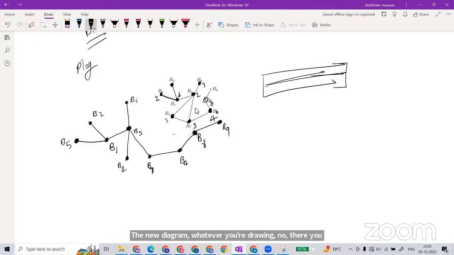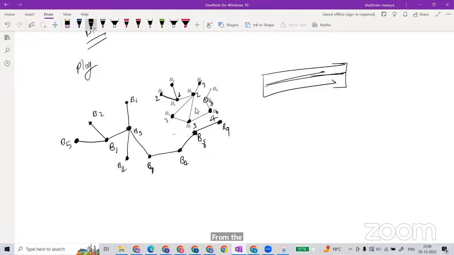There is no B4 to B8. From B4 I just go back to B5 and then explore B7. There is no direct edge; these two are not connected. From V4 I wasn't able to visit.